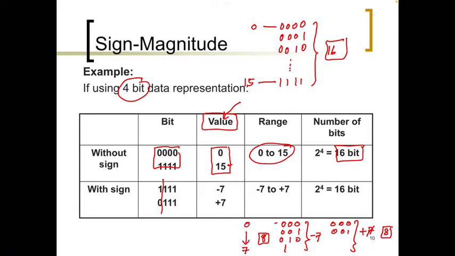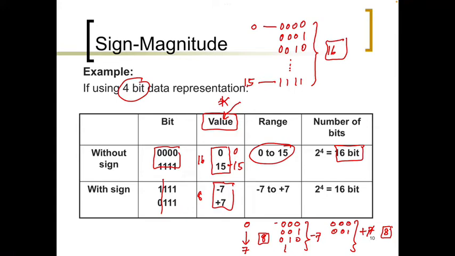So this explains that the total number that can be represented is still the same. But for the value, 0 to 15 has 16 possible values, and here we have only 8 possible values.